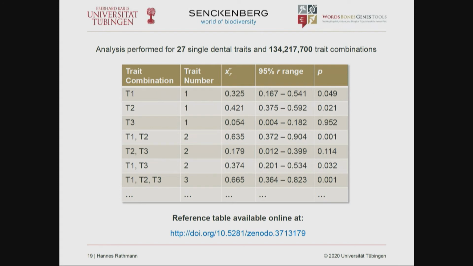This reference table can be used for future investigations, for example, to validate the performance of a particular dental trait combination observed on a prehistoric skeleton, or to validate the performance of a particular dental trait combination employed in previous studies. You can find a link to the table in the description below.